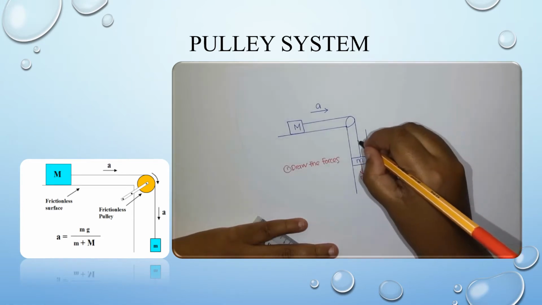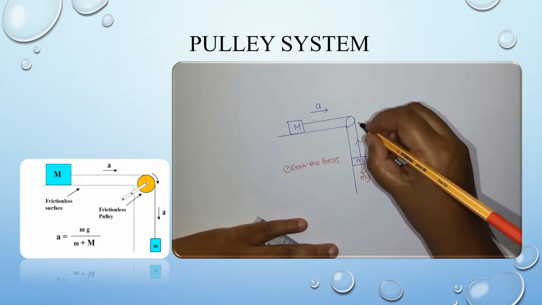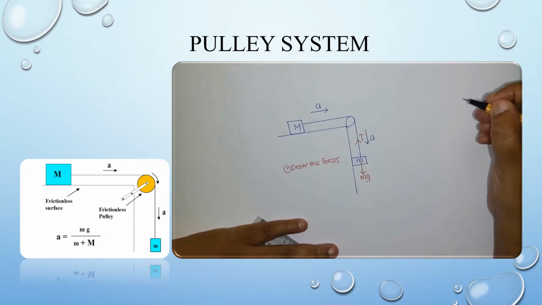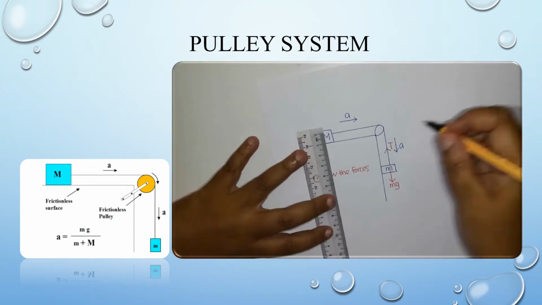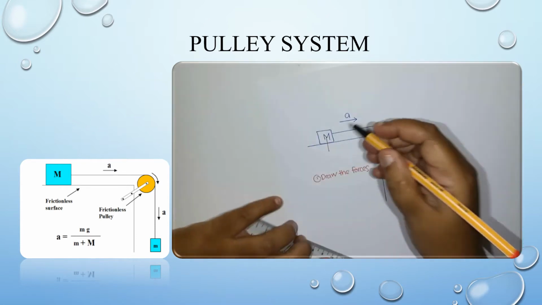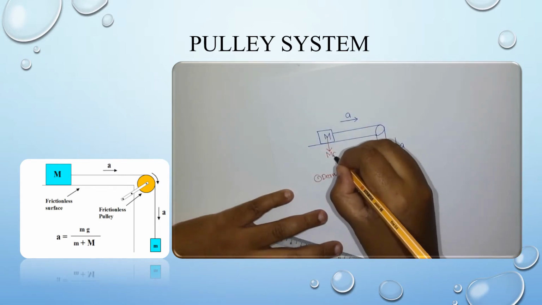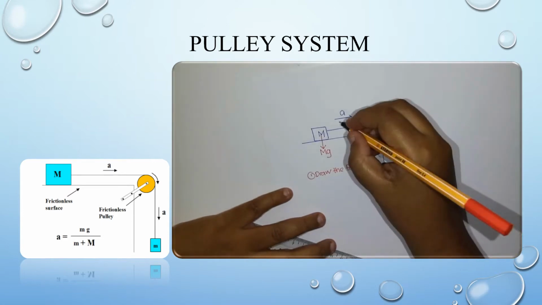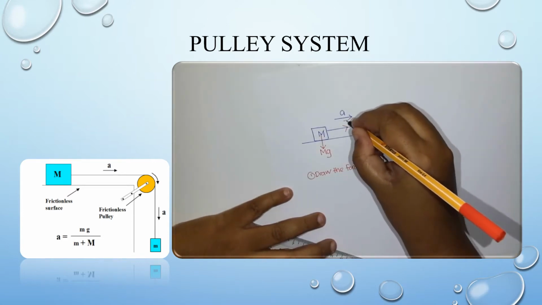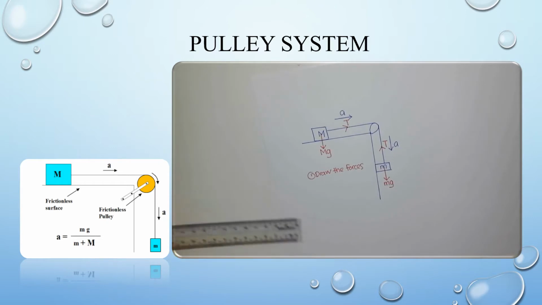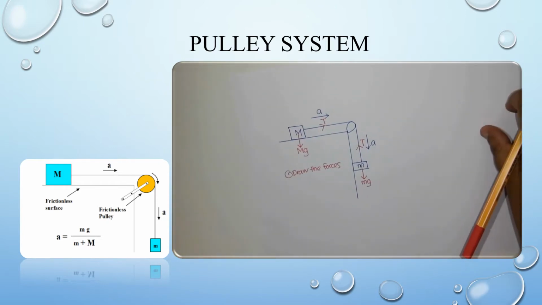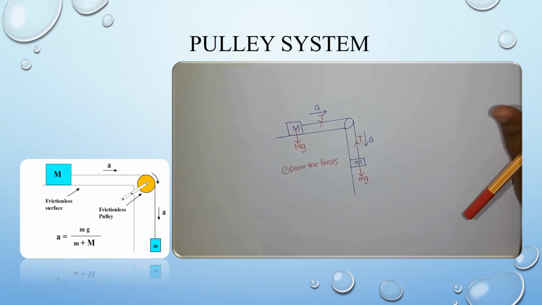And because it's a string here, we have a tension in the string. Then here we have a mass, whose weight is capital Mg. And we also have a tension here, because the force that acts on the string will be a tension. So now we have already drawn the forces.